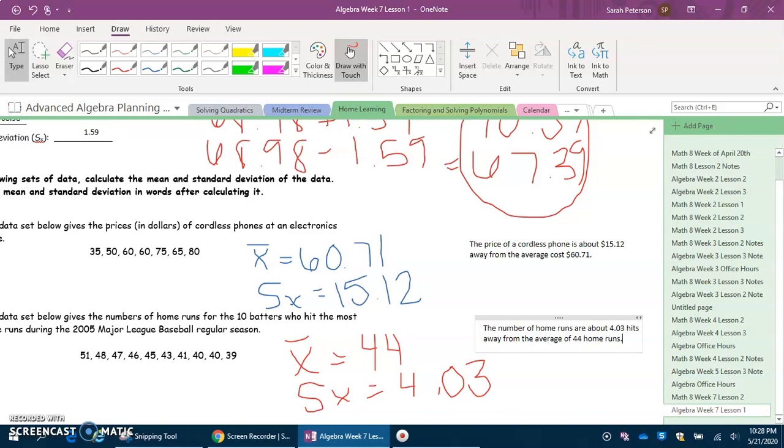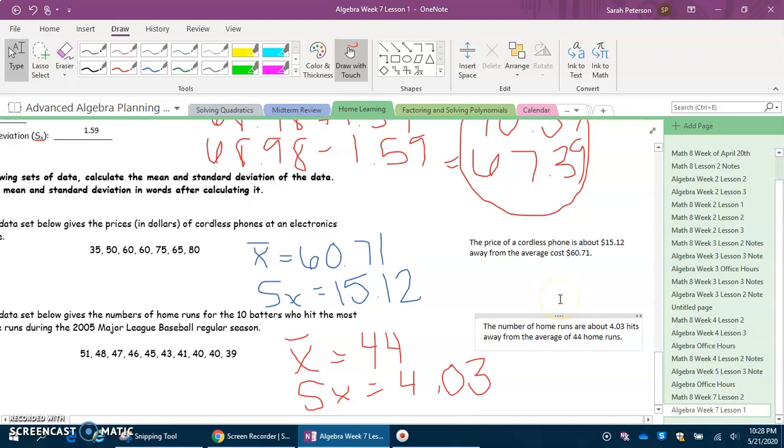So at any given point, let's say I look at the fifth batter, he's probably going to be within 4.03 home runs of 44 home runs, if that makes sense. It's just a way to see. For example, the data up here has way more variability.